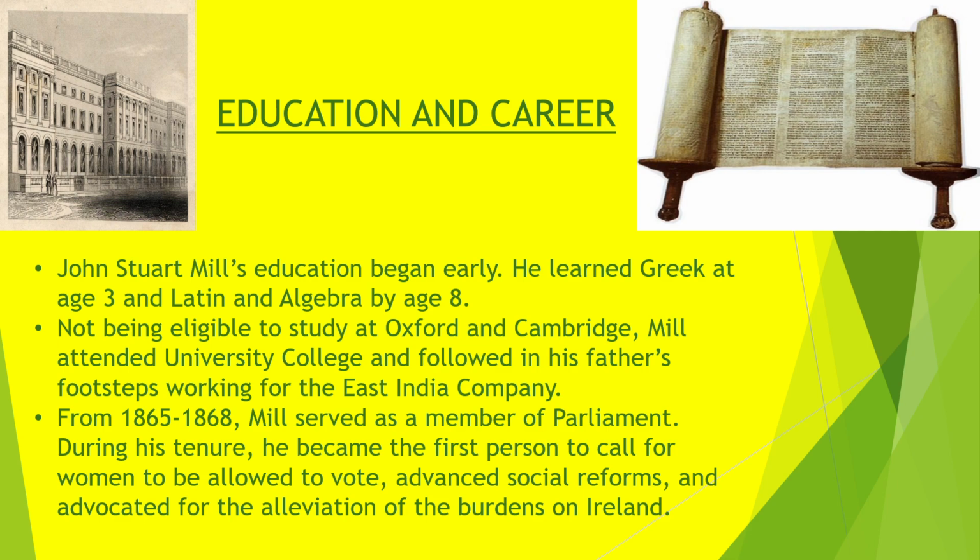From 1865 to 1868, Mill served as a member of the Parliament. During his tenure, he became the first person to call for women to be allowed to vote and advanced social reforms and advocated for the alleviation of burdens on Ireland.